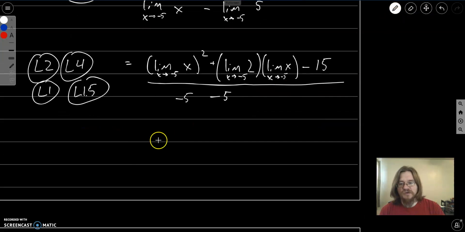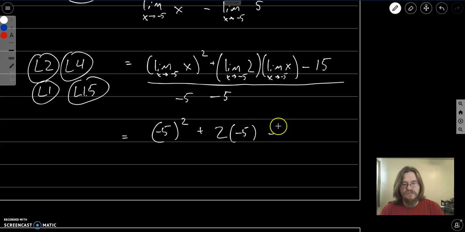So we're nearly there. The limit as x approaches -5 of x, well, that is just -5, and we'll end up squaring that. The limit of a constant function is just that constant. The limit of x is just whatever it's approaching. And then on the bottom of the fraction, we've got -5 minus -5.